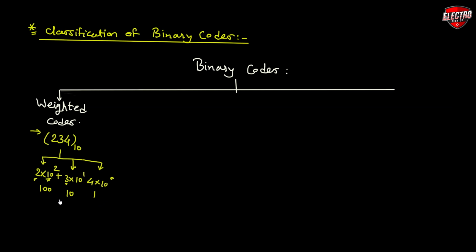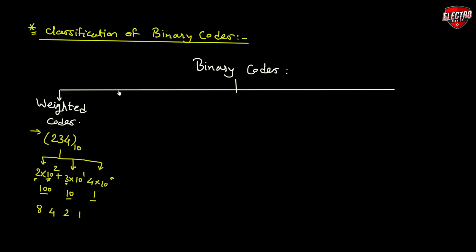That means in weighted decimal code, each digit has a weight of 1, 10, 100 or 1000. In weighted binary code, each bit has a weight of 1, 2, 4, 8 or 16, and each decimal digit is represented by a group of 4 binary bits.